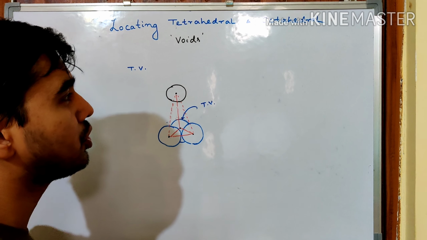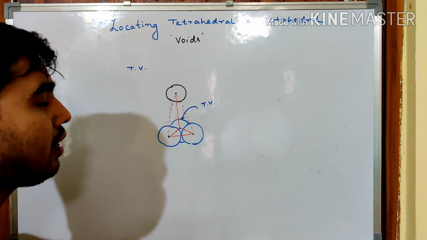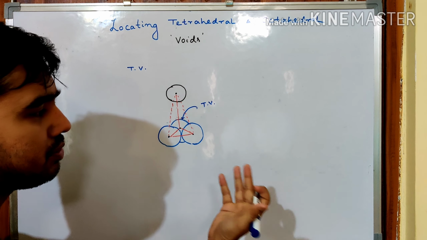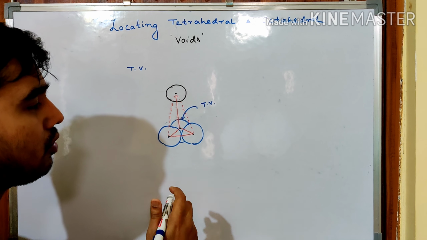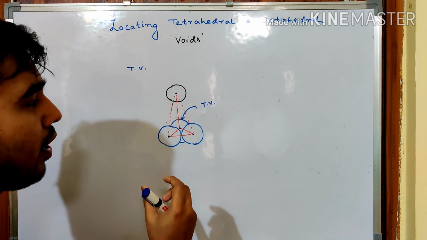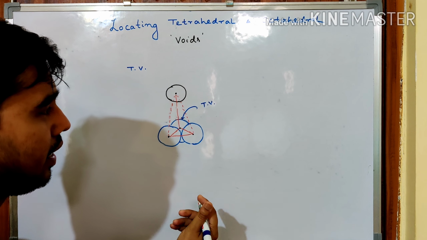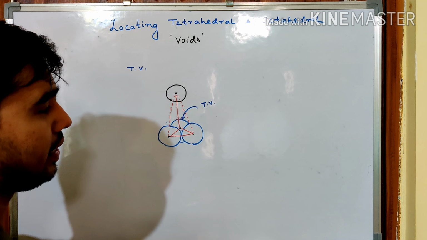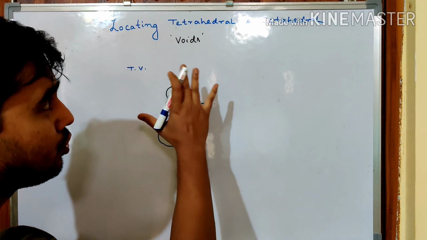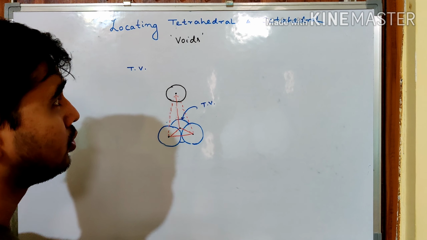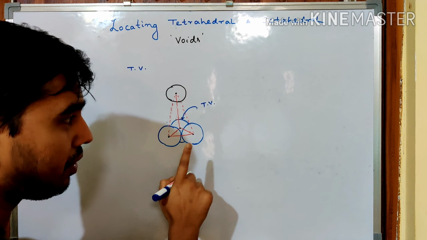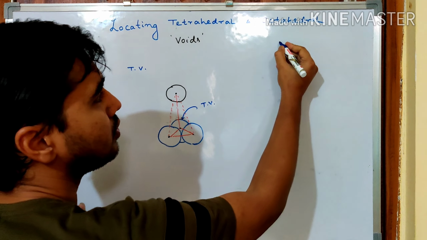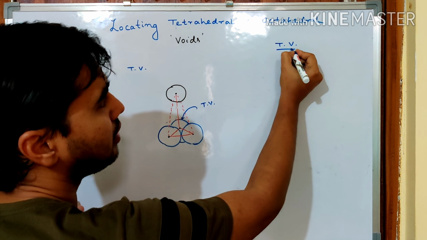Now here comes the most crucial part. Till now we have learnt about how the voids will look like. We have seen tetrahedral voids, we have seen octahedral voids, we have seen how the layers are connected, how the voids will be located, and what will be their coordination number. But in a unit cell, let us try to locate the individual voids, that is tetrahedral and octahedral. So actual locating of the voids will be drawn right now. Since I will be starting with tetrahedral voids, let us draw the tetrahedral voids here.